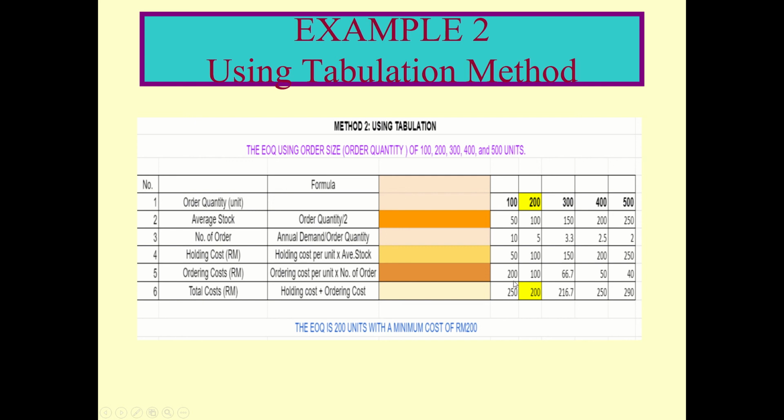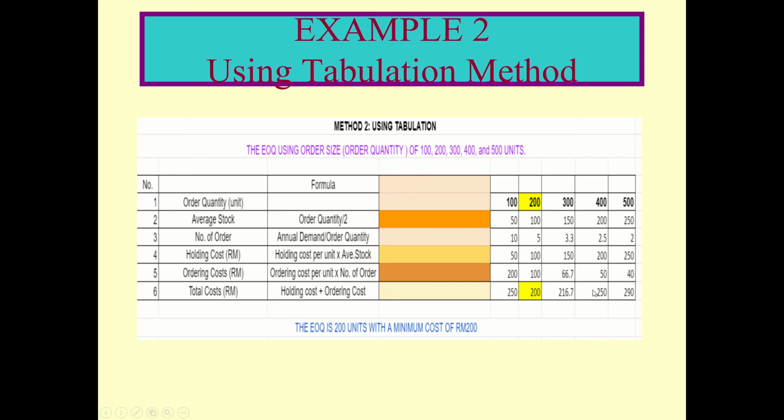50 plus 200. Whereas if you order 200 units, the holding cost would be 100 ringgit, and your ordering cost is also 100 ringgit. So the total cost is 100 plus 100, equal to 200 ringgit. And if you order 300 units, the holding cost is 150 ringgit, whereas the ordering cost is equal to 66.7 ringgit.